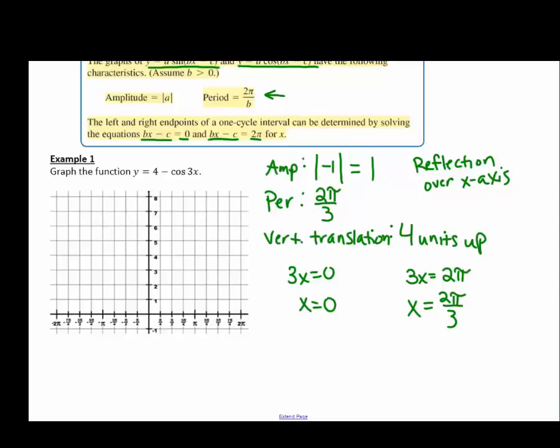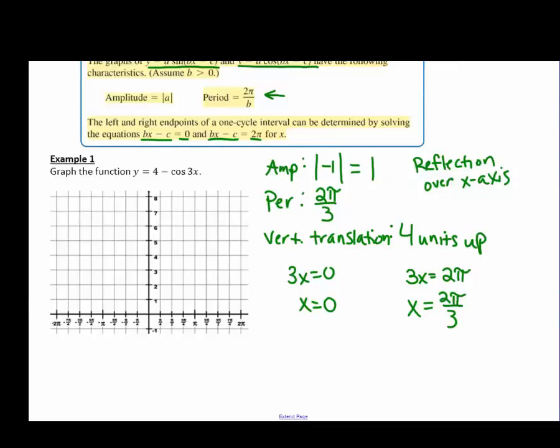Now in this case, because we don't have a horizontal translation, our period and the ending of our cycle is the same number, but that's not always going to work out to be the case. All right, so in the normal cosine function, we have a horizontal line of reflection, the line that cuts the graph in half, and that is the x-axis.